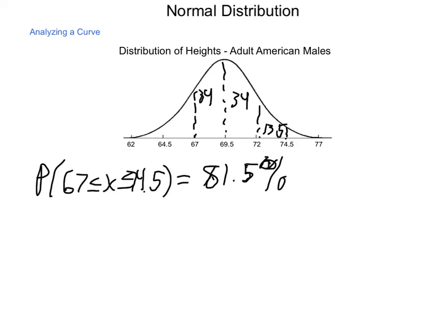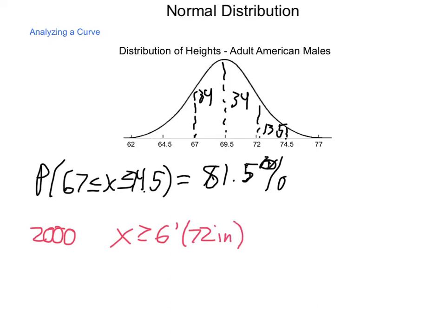Now what if we were to take the same thing and say that in a group of 2,000 adult American males, how many would we expect to find being greater than 6 foot, or also known as 72 inches? How would we find that?